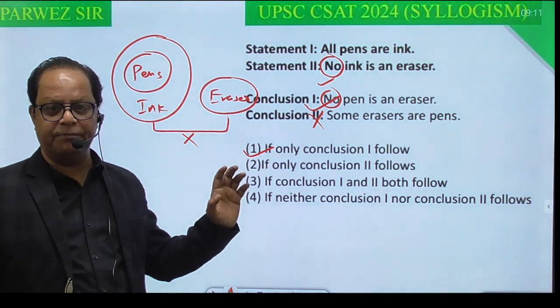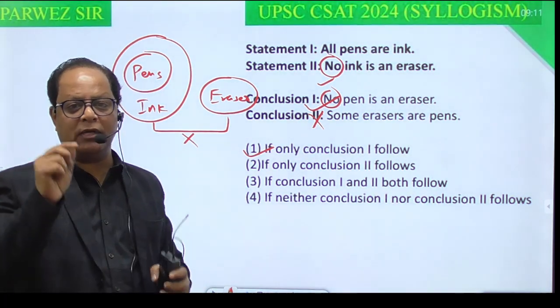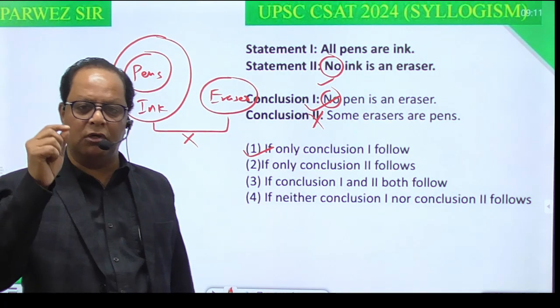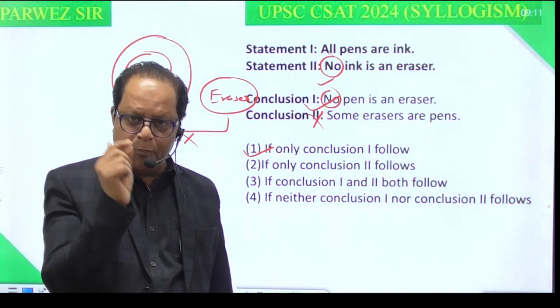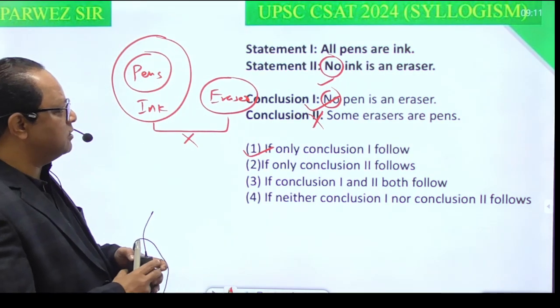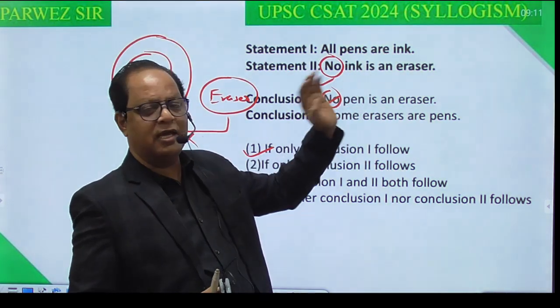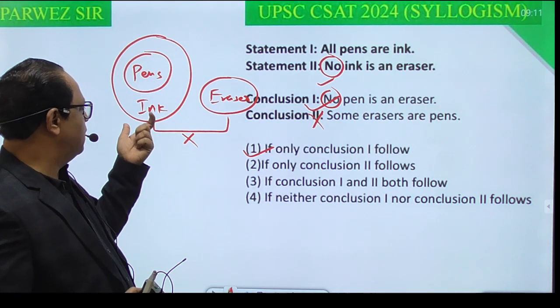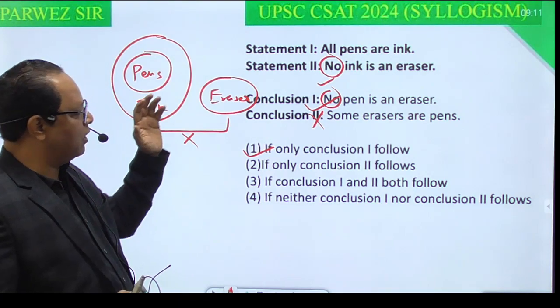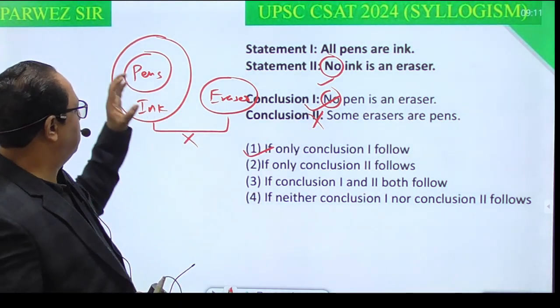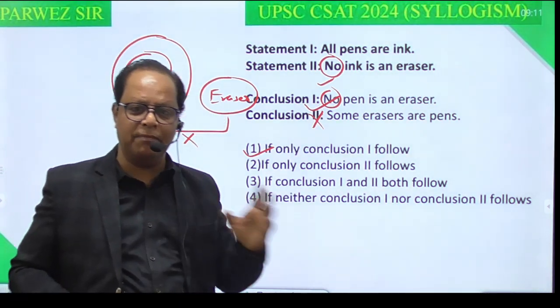First we have to draw the pictures very well and understand the point. In this question, no ink is an eraser means ink and eraser are not connected. So make sure pen and eraser will never be connected.